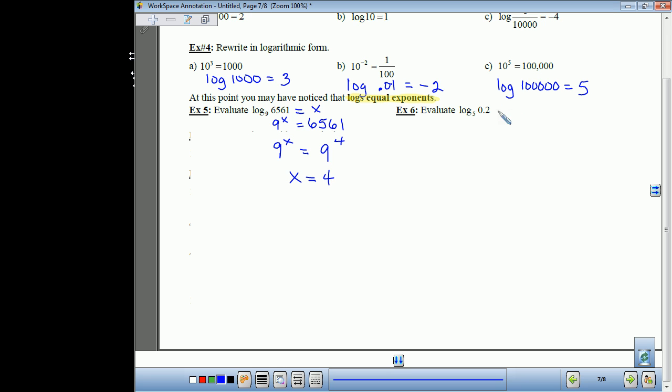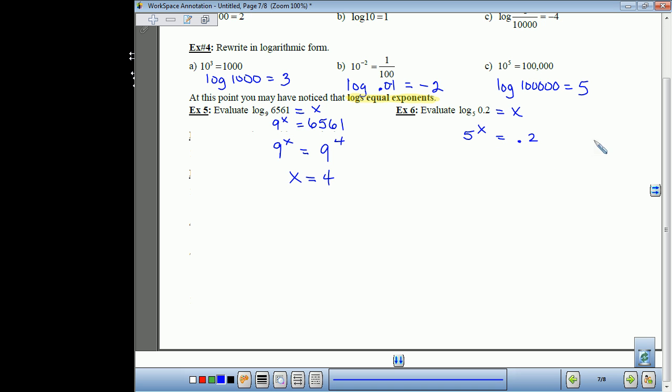Okay, on this one, we'll set it equal to x. So this becomes 5 to the x equals 0.2. Can I write these as a like base?